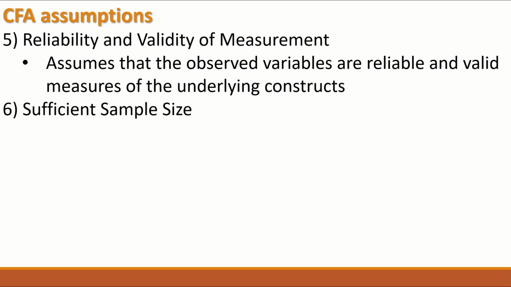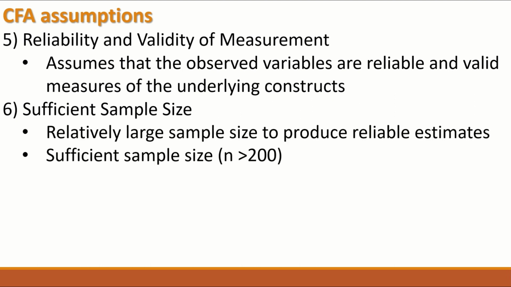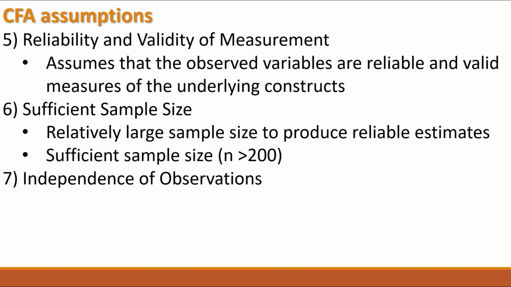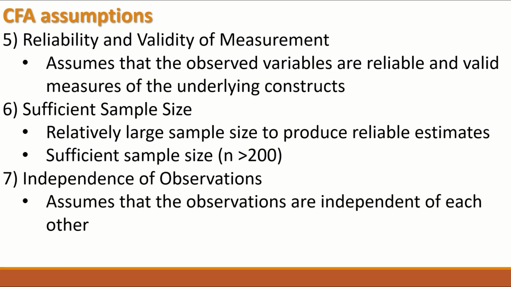The sixth assumption is that there should be sufficient sample size. A relatively large sample size to produce reliable estimates is needed. So the sufficient sample size should be greater than 200. The seventh assumption is the independence of observations, which assumes that the observations are independent of each other.